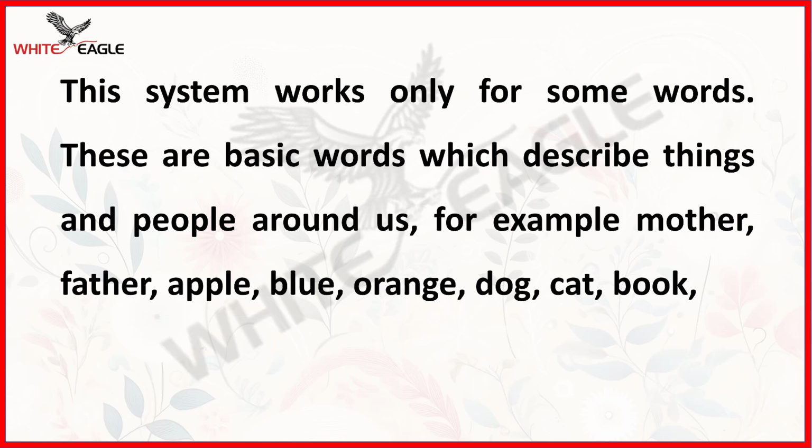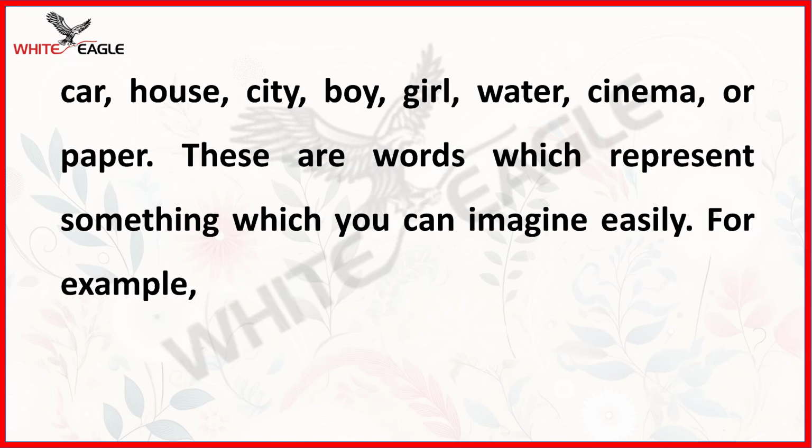For example, mother, father, apple, blue, orange, dog, cat, book, car, house, city, boy, girl, water, cinema, or paper. These are words which represent something which you can imagine easily.